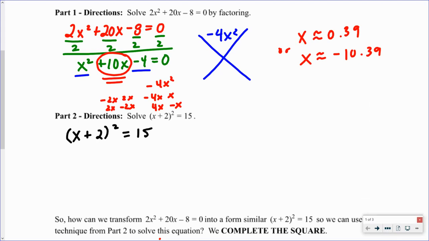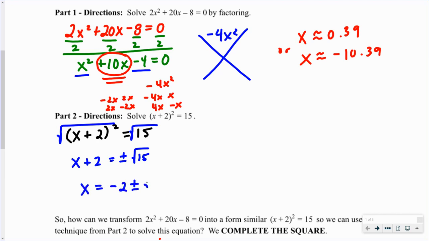So how do we solve this equation? What I would do is take the square root of both sides. We used a technique like this in the last video. We need to remember that in front of that square root, we have to put a plus or minus. Anytime we take the square root of both sides of an equation like that, we need to make sure that we put a plus or minus in front. Then we're going to subtract 2 from both sides, and this is what we end up with for solutions.